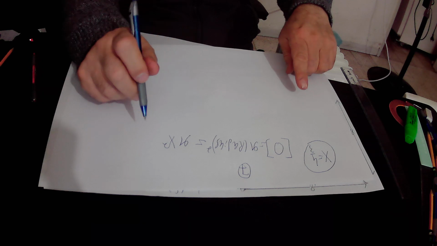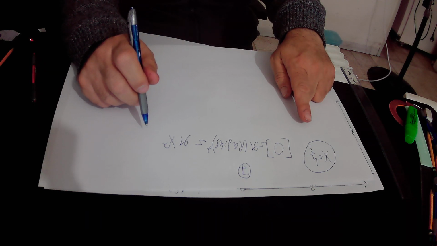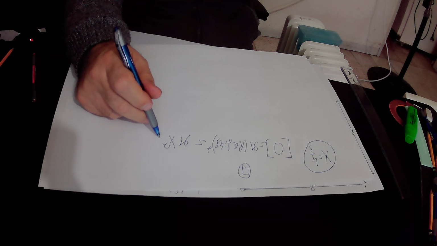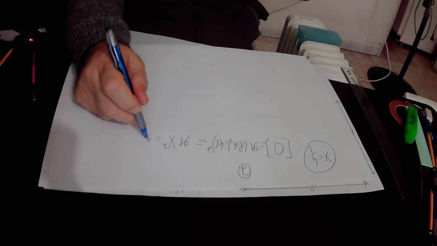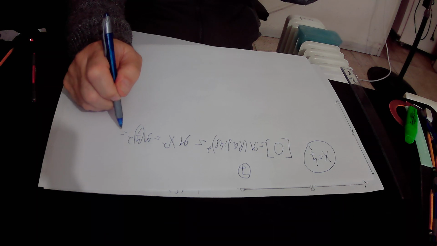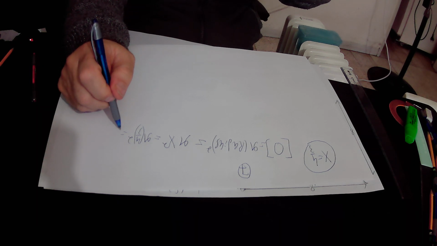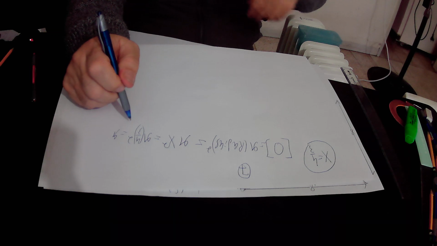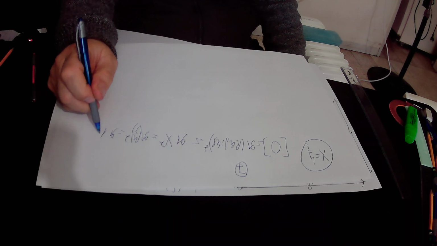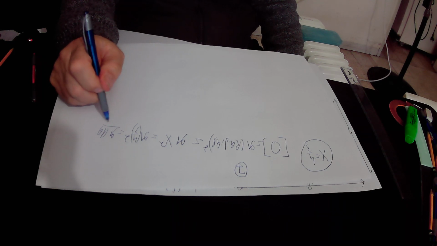We just found that x equals 4 over 3, so x squared equals 4 over 3 squared. 4 over 3 squared is 4 squared, that is 16, over 3 squared, that is 9.